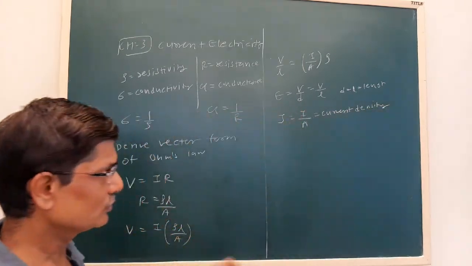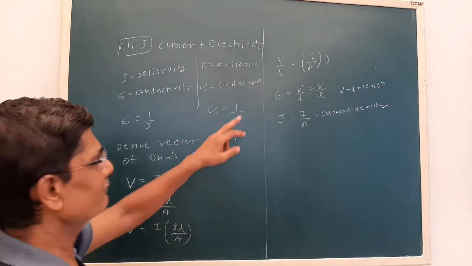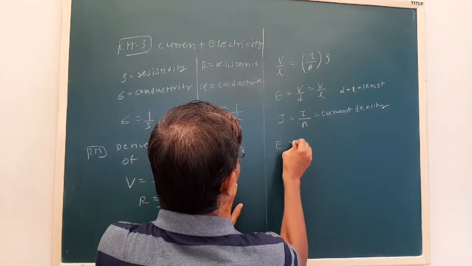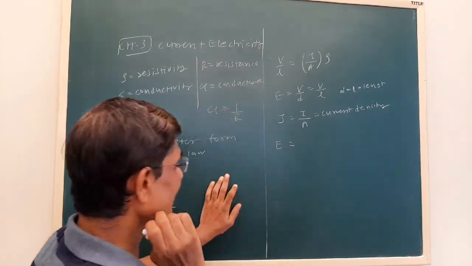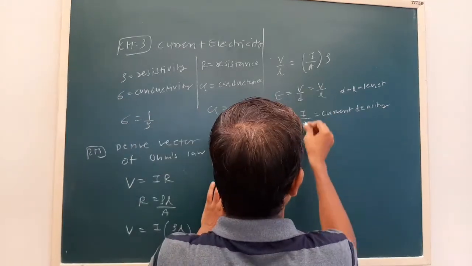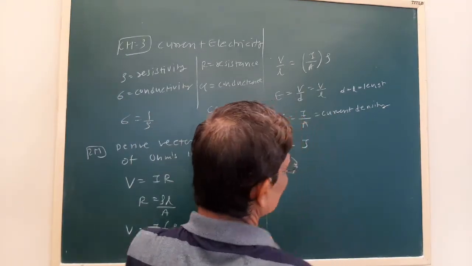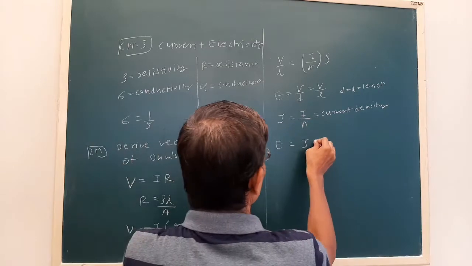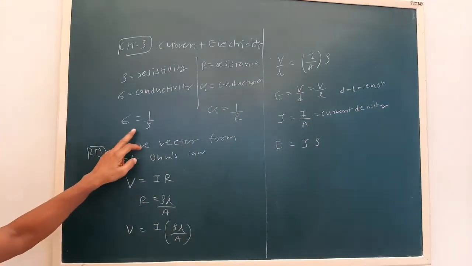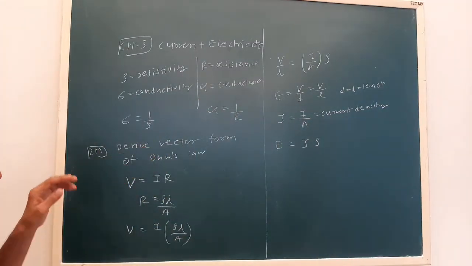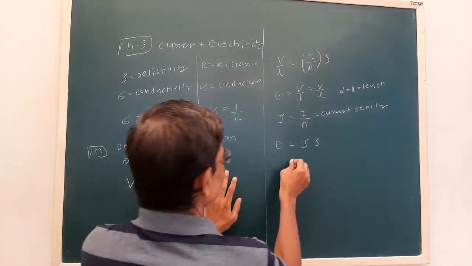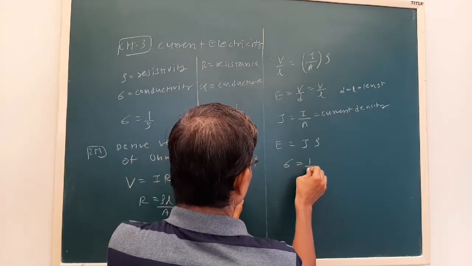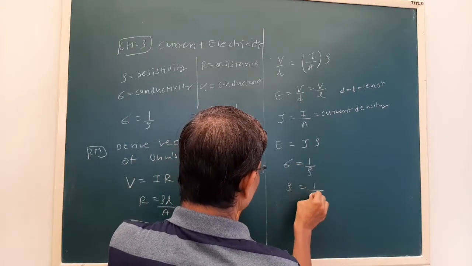Okay, that we are going to see later. So here V by E is E, the electric field, that is a vector quantity, and I by A is J, that is also a vector quantity, and rho. Now see, sigma is the reciprocal of rho, so rho is equal to 1 upon sigma.